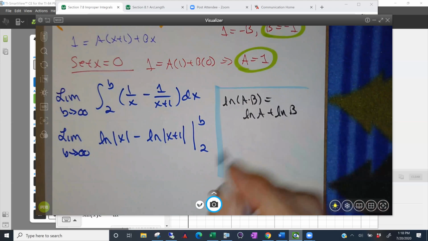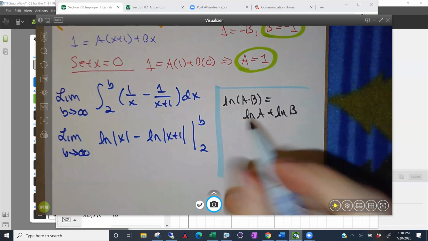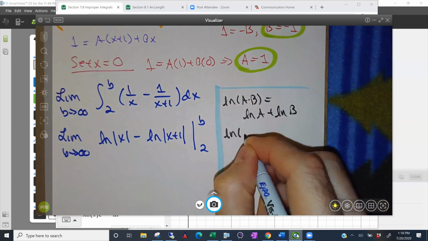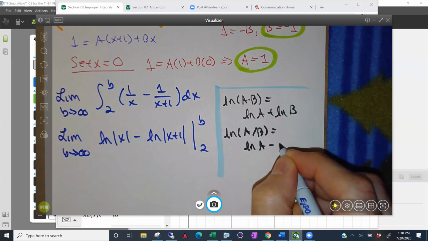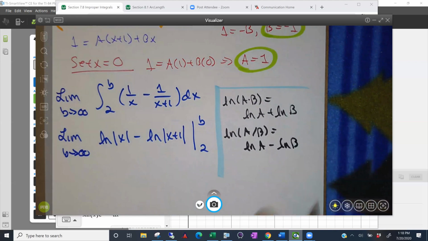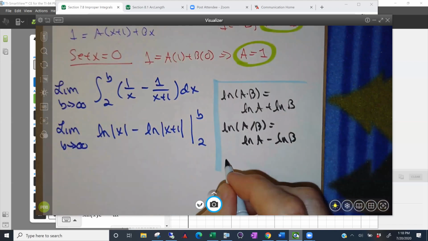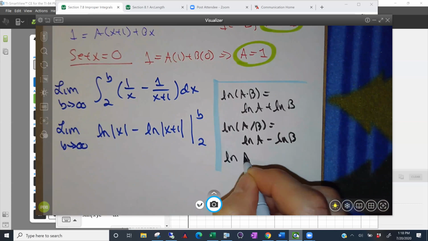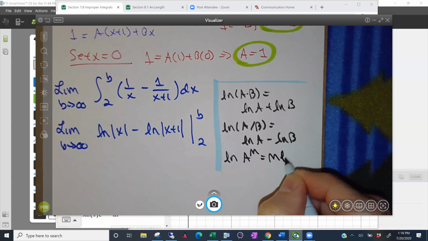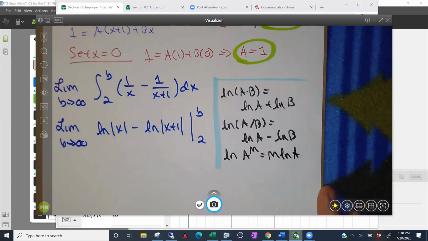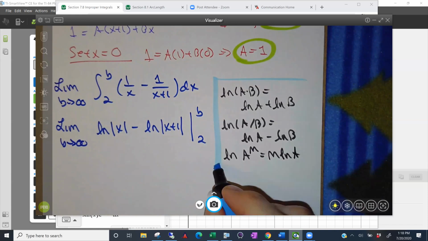And then there's ln of a divided by b, which is the ln of a minus the ln of b. And last but not least, ln of a to the m power is m times the ln of a. Now, similar properties hold true for all different values of the base, not just base e, but I wrote it with base e.